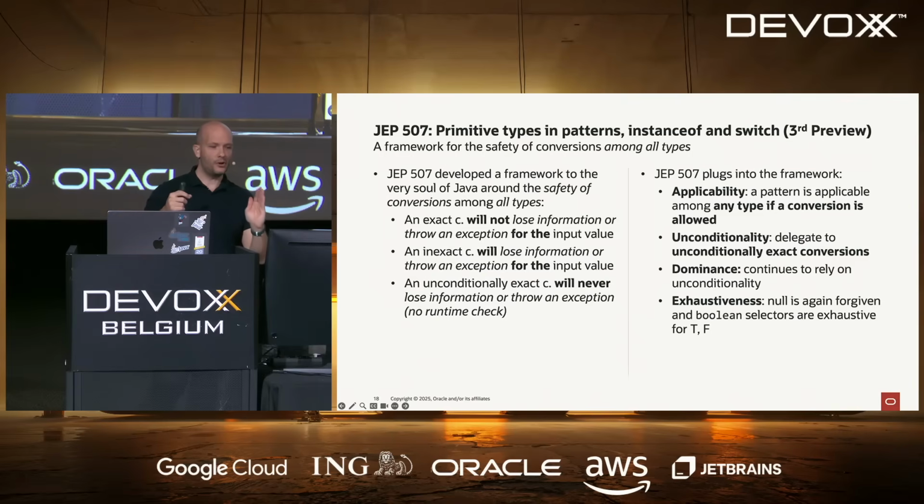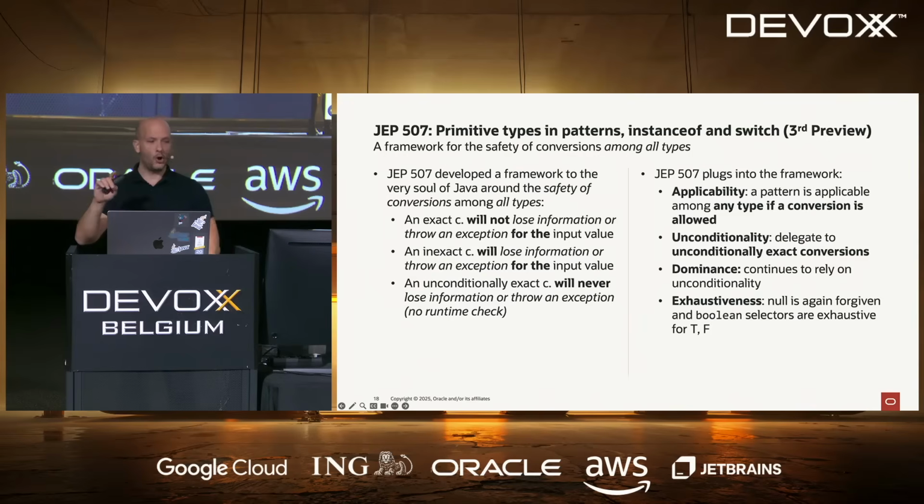The left column is about what JEP 507 developed as a framework, to the very soul of Java, around the safety of conversions among all types. An exact conversion will not lose information, like we saw with primitives, or throw an exception for the input value.